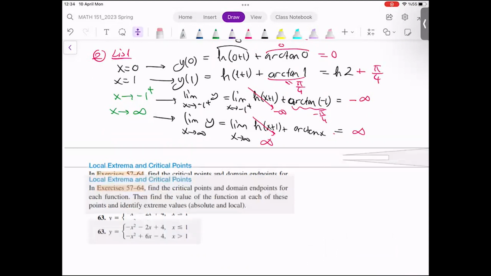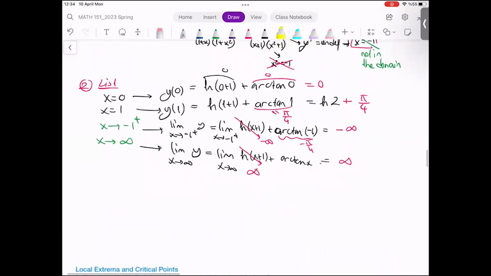After seeing these images, now we should be ready to tell whether this function has an absolute max or min. What do you think? The smallest value is minus infinity. The biggest value is plus infinity. What does this mean? Does this function have an absolute minimum value or an absolute maximum value? For absolute max, it is infinity. So infinity can never be attained, right?